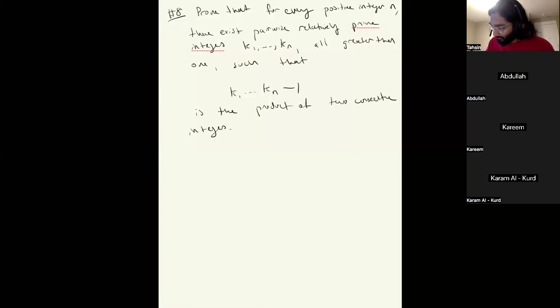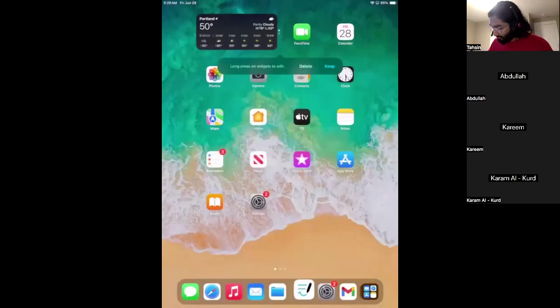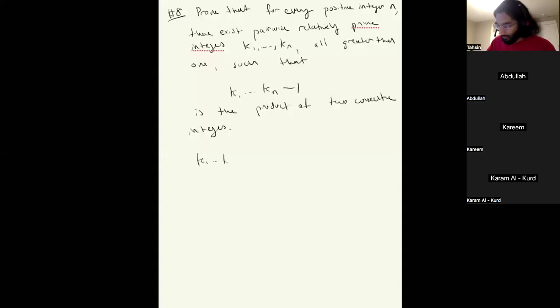So basically we want to solve k1 dot dot dot kn minus 1 is equal to, say, m times m plus 1. Okay. So any ideas how we can solve this?